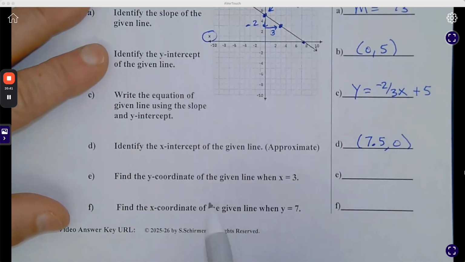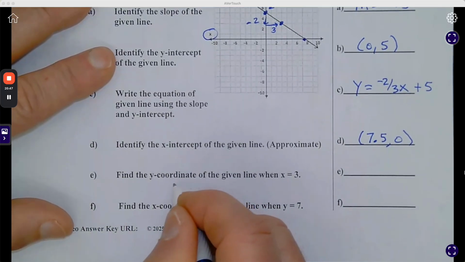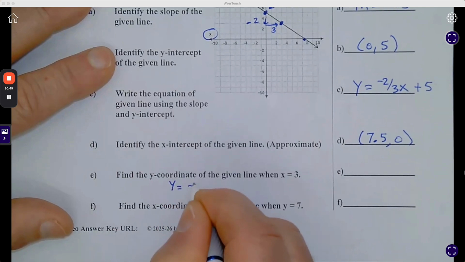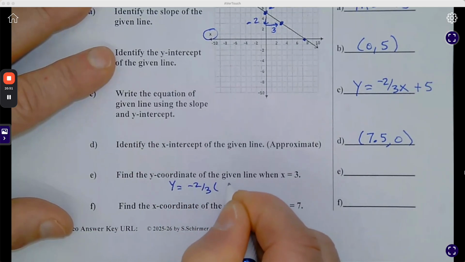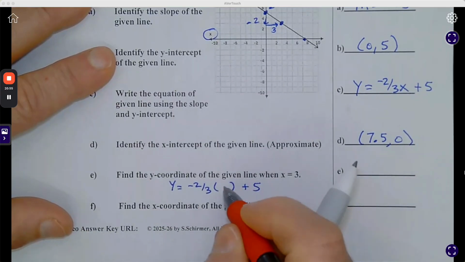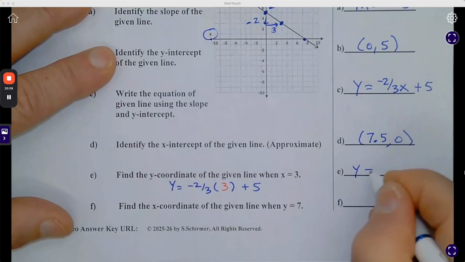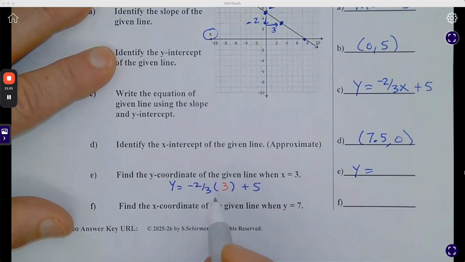All right? Let's find the y-coordinate of the given line when x equals 3. So I'm going to go to y = -2/3 x + 5. Where I see an x, I'm going to replace it with that value, 3. So I know that I'm looking for the y-coordinate. Multiply by the top, divide by the bottom. So that gives me y = -2 + 5.